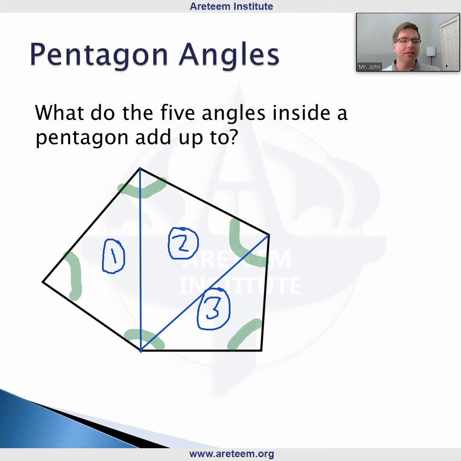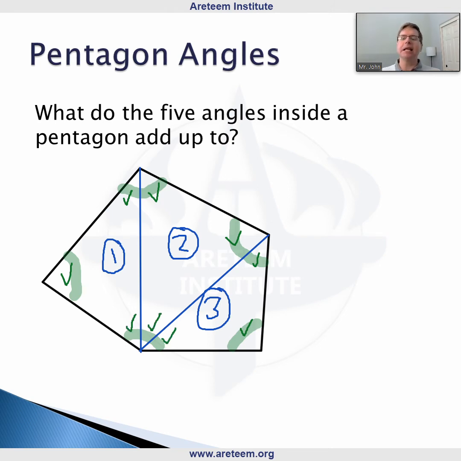Now, notice if we're looking at the angles of the pentagon, this angle here is just a full angle in one of the triangles. This angle at the top can be divided into 2 angles that show up in the pentagon, right? 2 more angles here, 2 more angles here, or 1 angle there, 3 angles at the bottom.